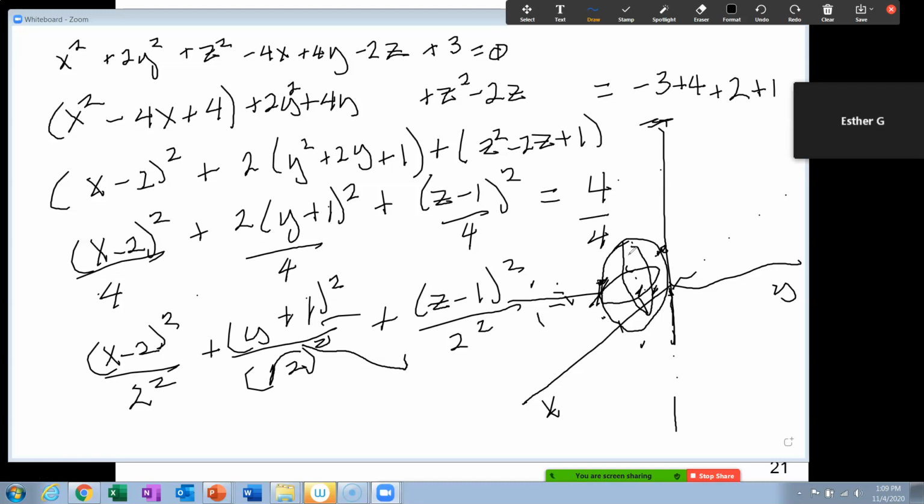It's classified as an ellipsoid because all of your signs are positive, all the exponents are 2, and the denominators are not all the same: 2, 2, and root 2. If those all three had been a 2, then you would have had a sphere rather than an ellipsoid. A sphere is a type of ellipsoid that has all dimensions being the same.